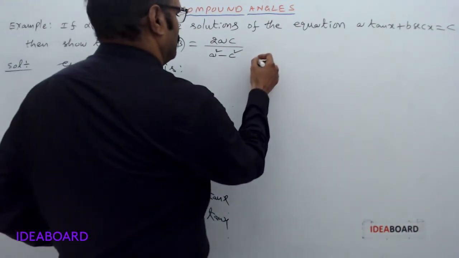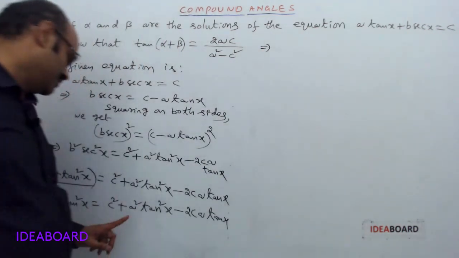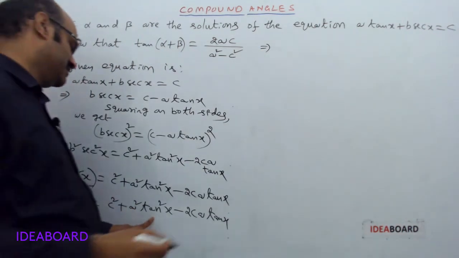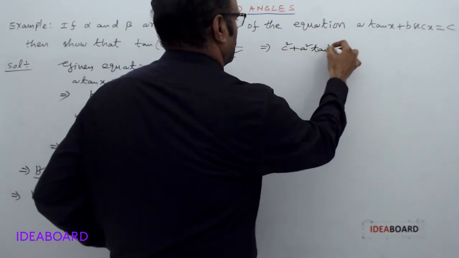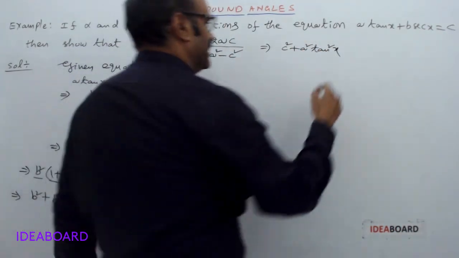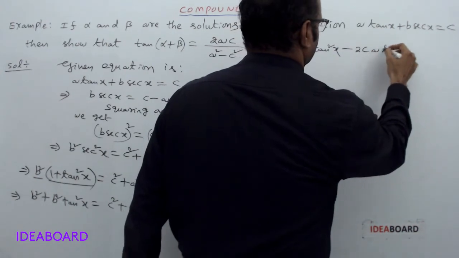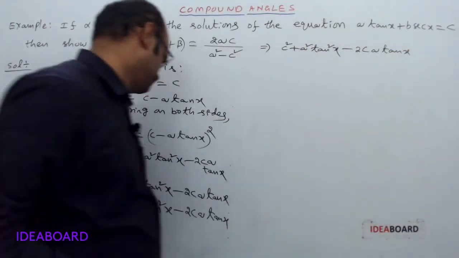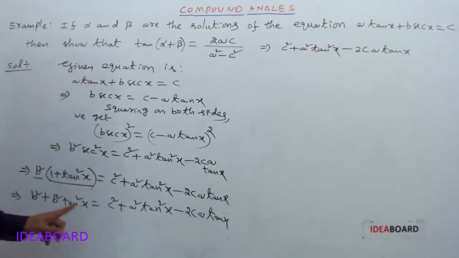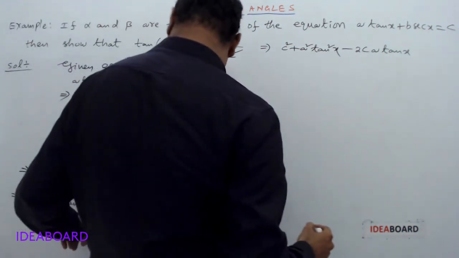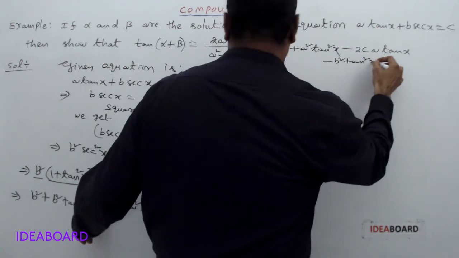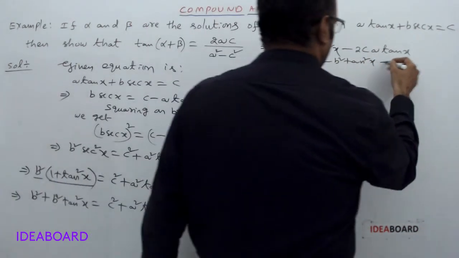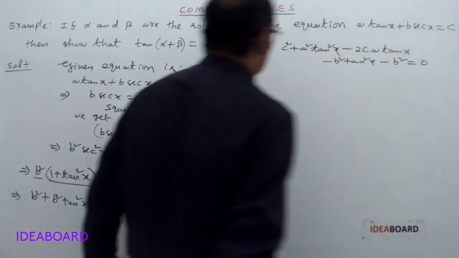It implies we have c square plus a square tan square x minus 2ca tan x minus b square tan square x minus b square equal to 0.